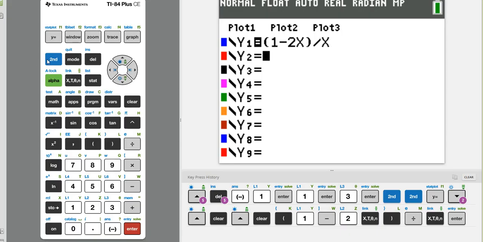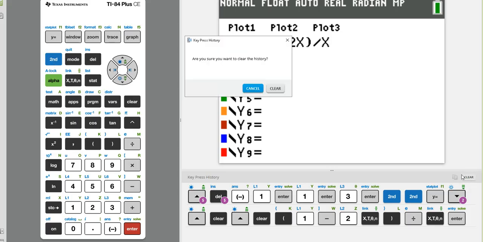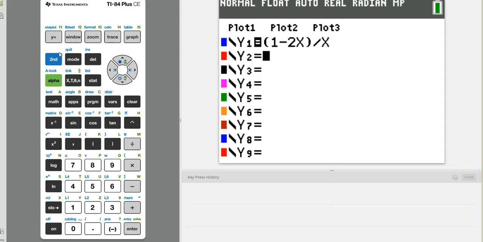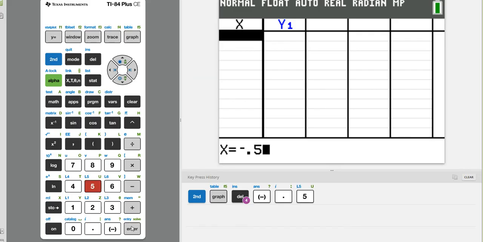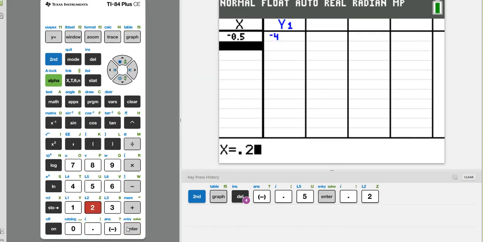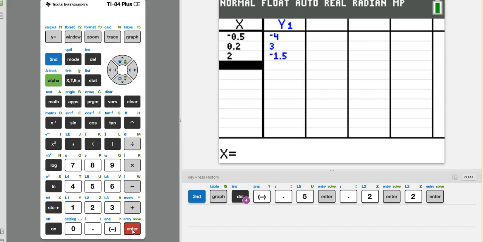Let's go up to our table. Second graph. Let's delete all these old ones. Negative 0.5, which is our negative 1/2, 0.2, and 2. What information do I need from this table? Yeah, I need to know where it's negative and positive.